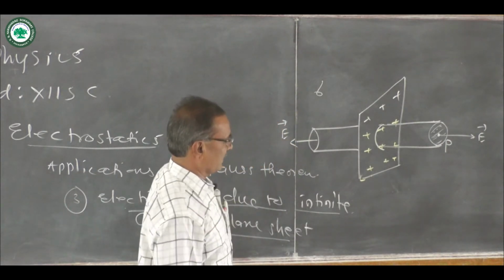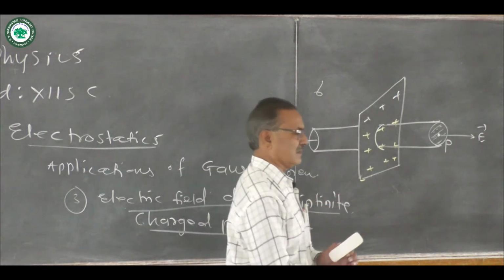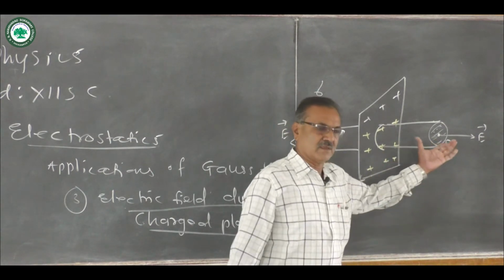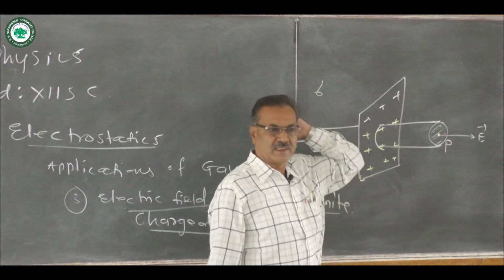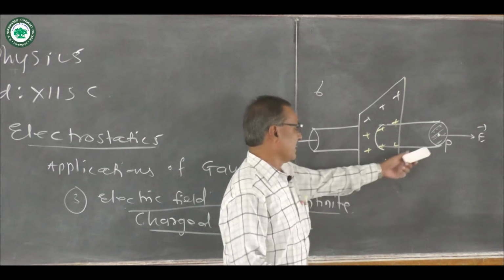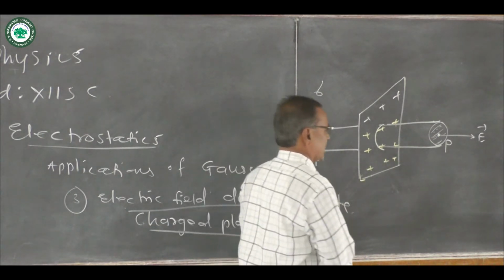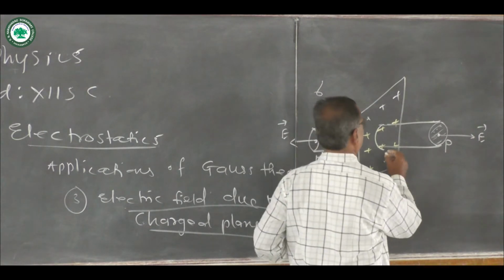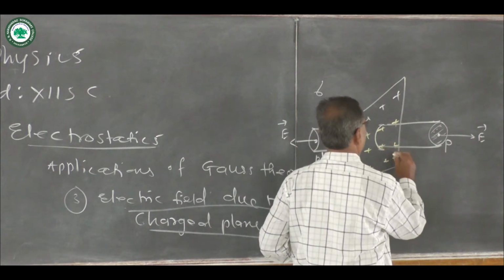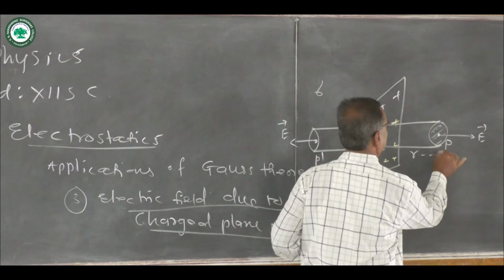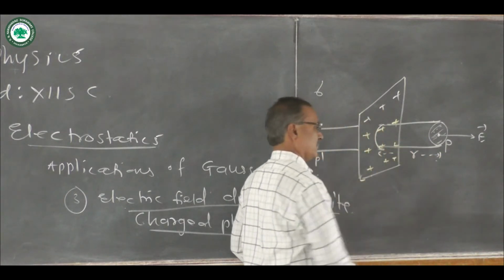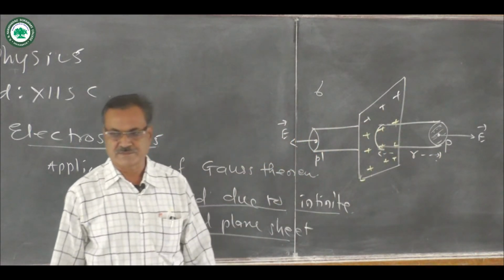That is, by symmetry there is equal magnitude of electric intensity at point P and at point P dash. The distance of point P from the plane sheet is small r.